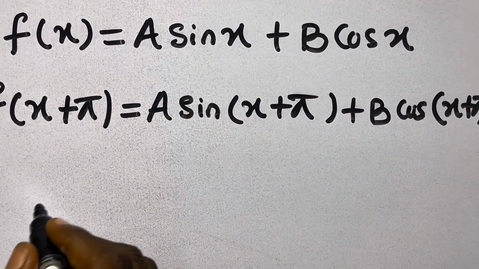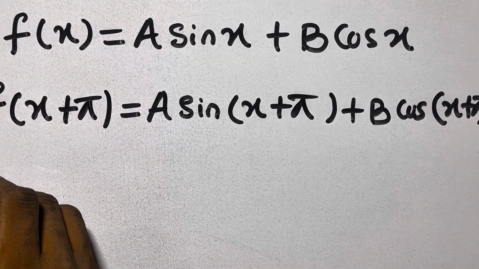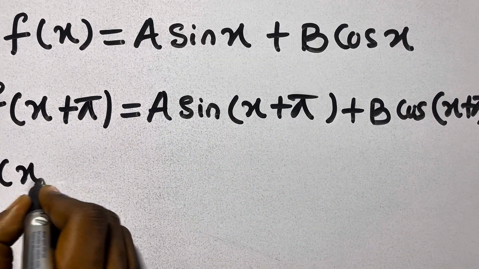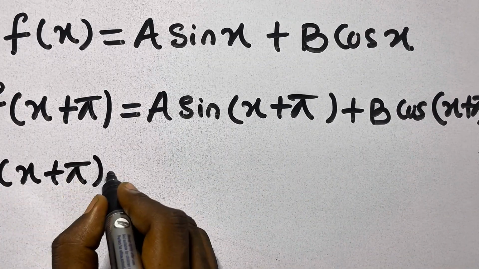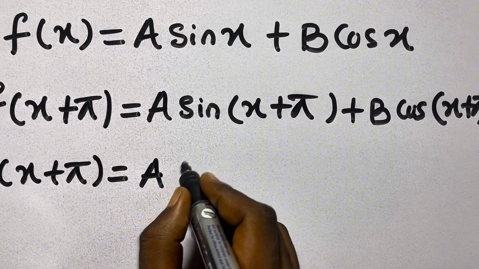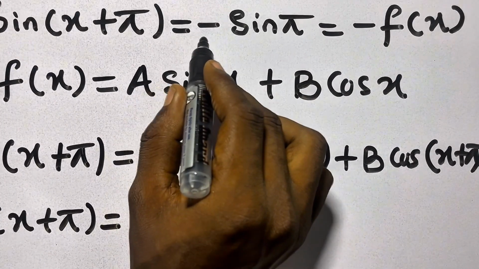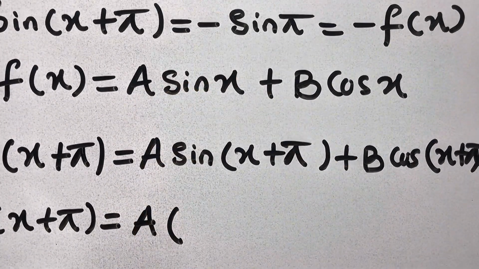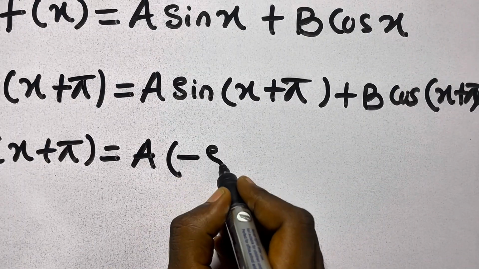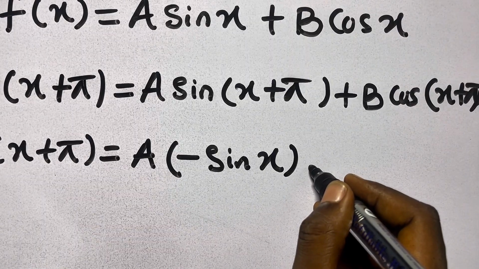Then what we'll have next is f of x plus pi equals a, then this expression. Don't forget, from the above we've let it to be minus sine x. So we have minus sine x, right?